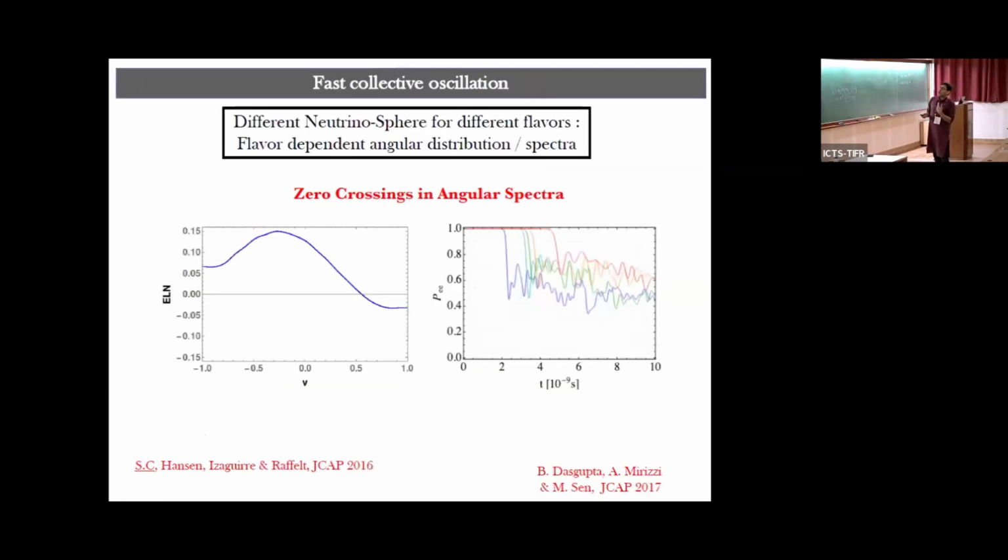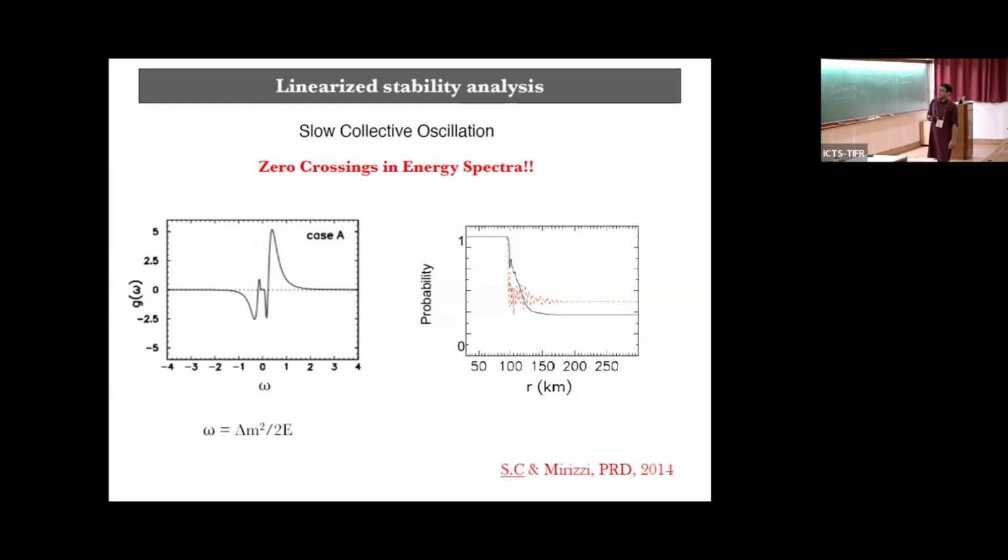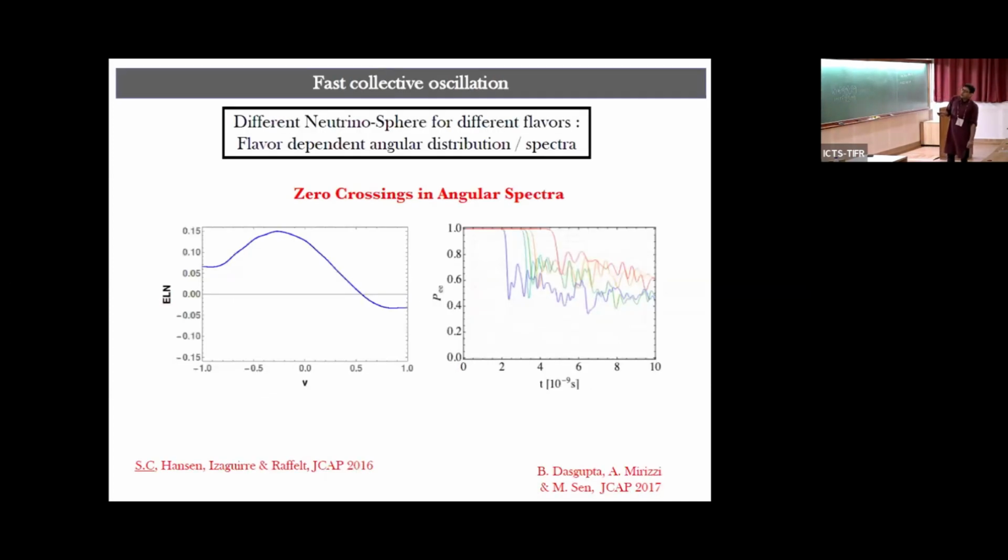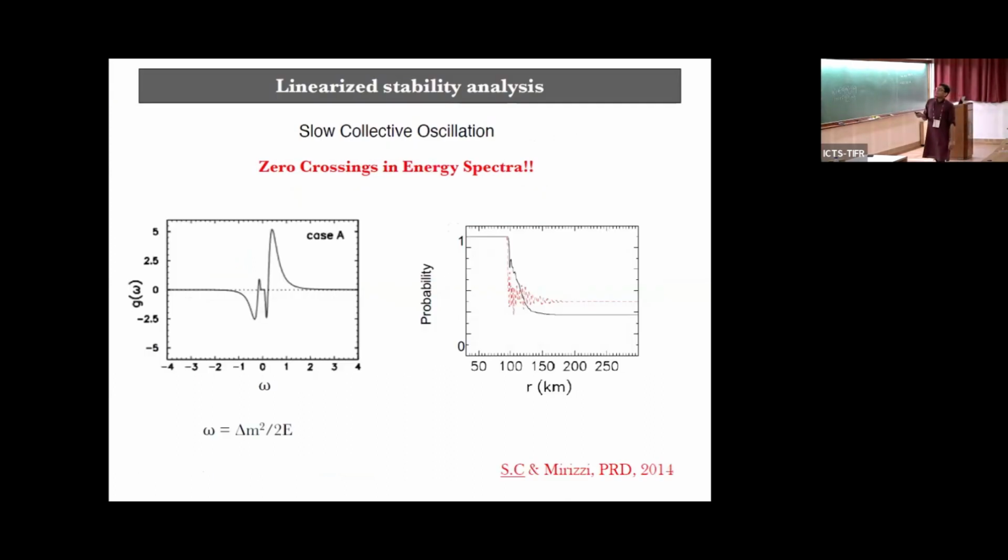So now you will probably appreciate more. This is called the fast oscillation, and it happens at a very small length scale, coming from the zero crossing in the angular spectra. The slow oscillation that we spent some time understanding was coming from the crossing in the energy spectra, and this was triggering this kind of flavor instability.